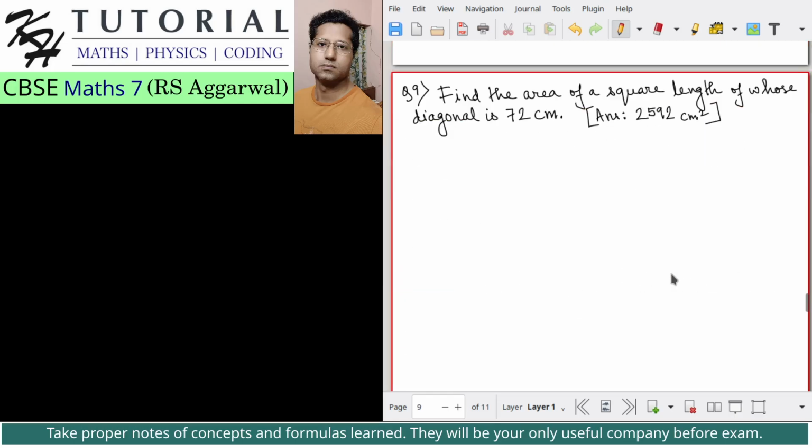Find the area of a square, the length of whose diagonal is 72 centimeter. So it is asking to find the area of a square whose diagonal is given to be 72 centimeter.